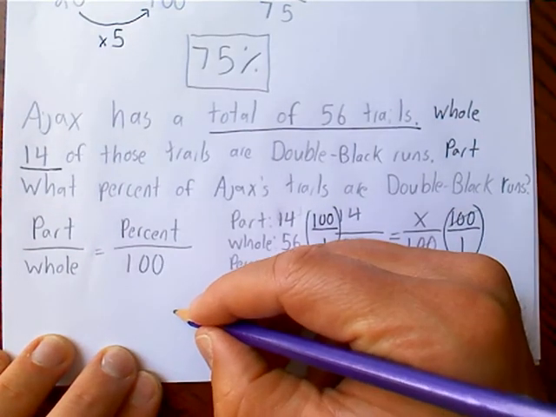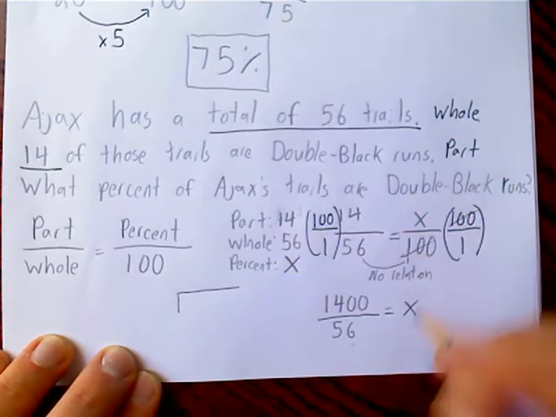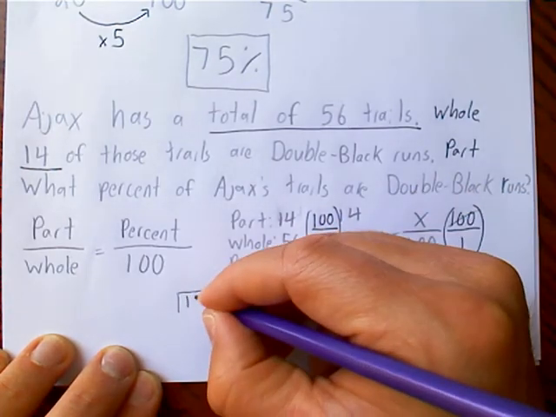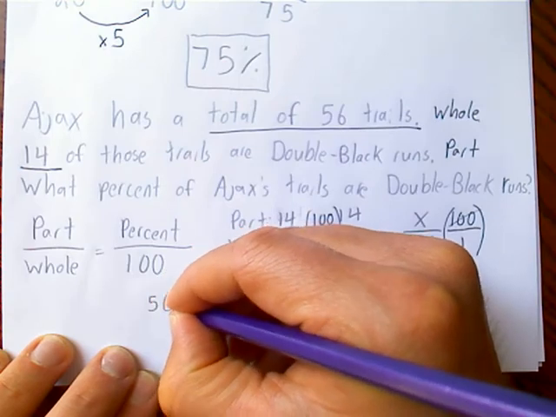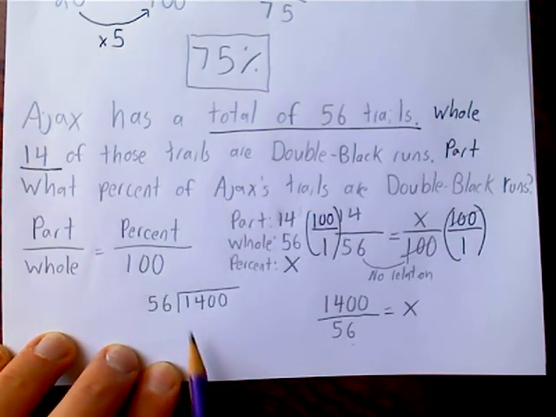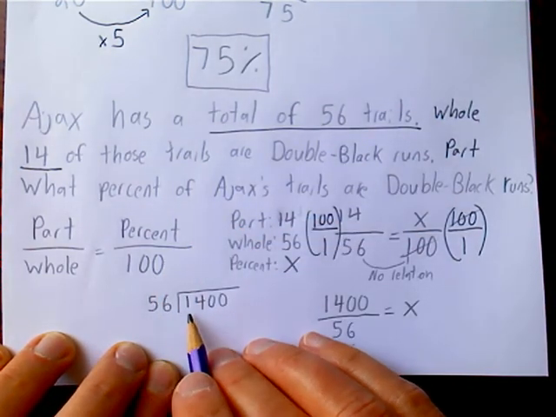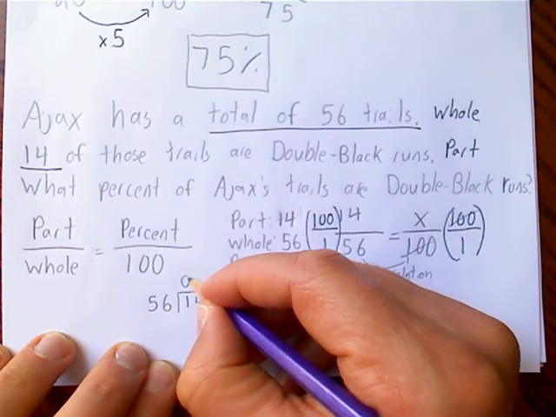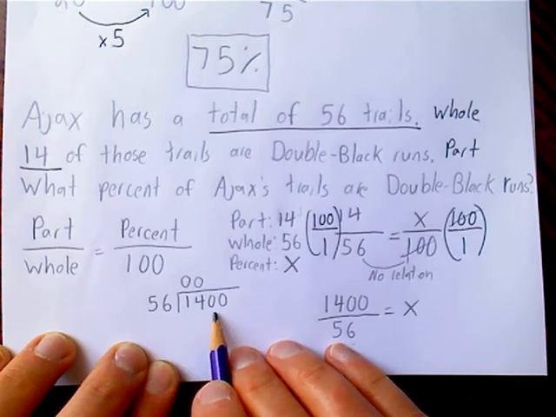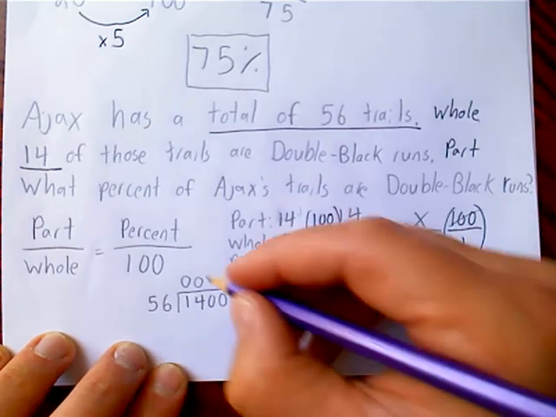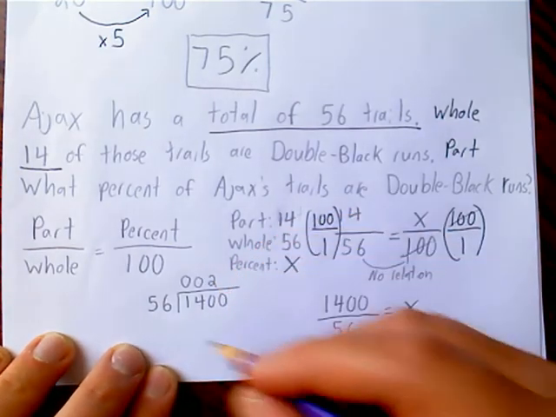And as always, my numerator goes inside the box, the top number. Set it up. Okay. Does 56 go into 1? No. Does it go into 14? No. Does it go into 140? Yes. It goes in 2 times.